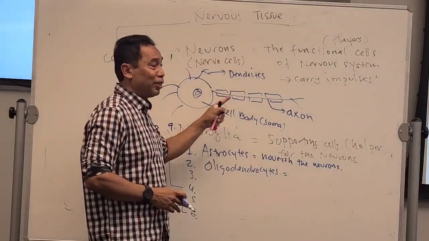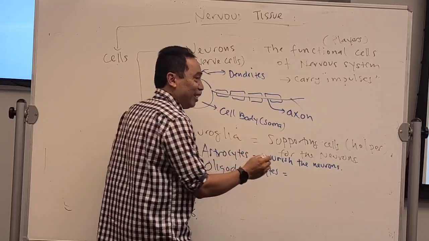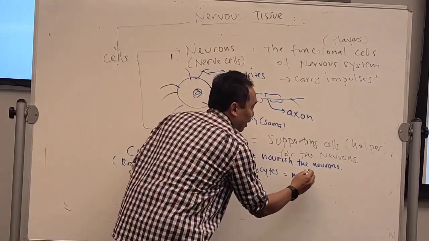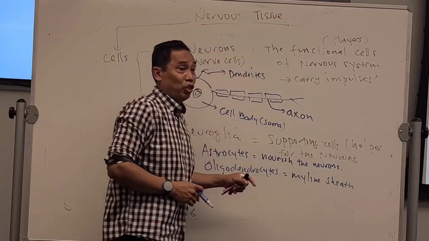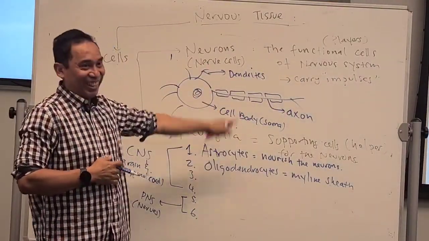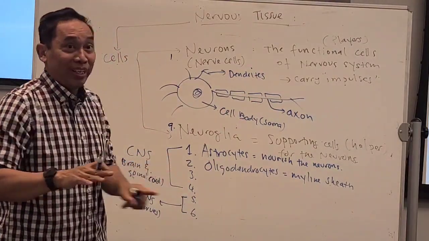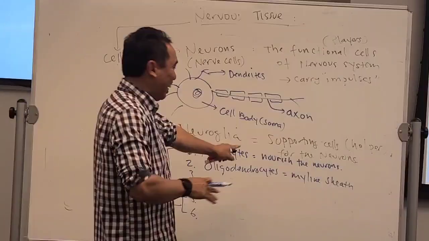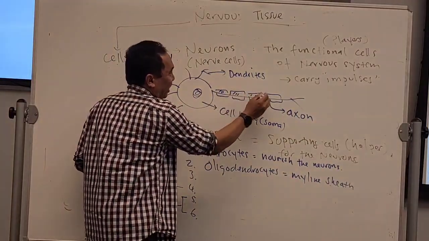And this structure is called, sorry, I cannot really say it correctly, so forgive me, myelin sheath. Myelin sheath over here.